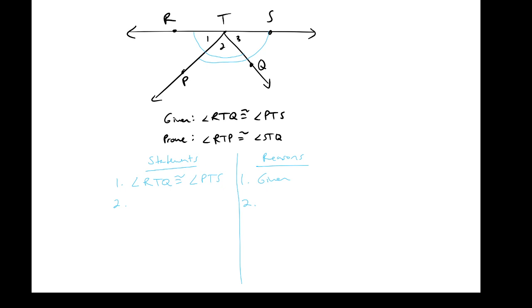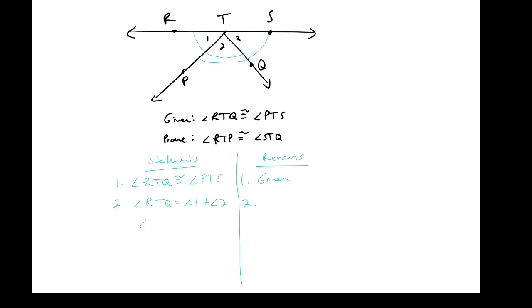Step 2. In order to create angle RTQ, what is it composed of? Well, RTQ is really angle 1 plus angle 2. Now, remember, anytime you have angle plus angle equaling a larger angle put together, that is angle addition.